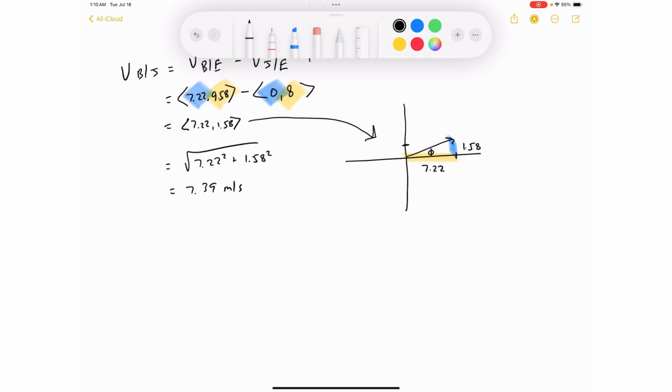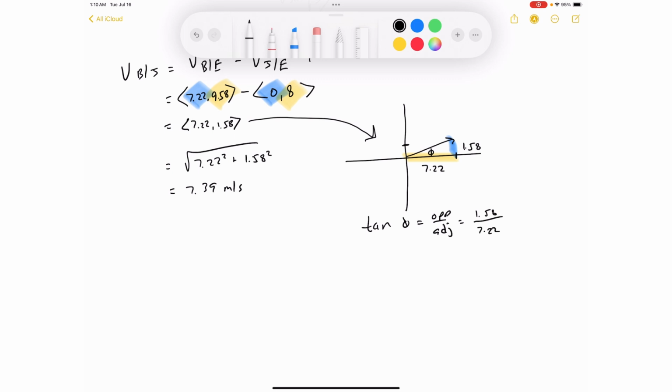Well, that's tangent, of course. So I could say the tangent of phi is equal to opposite over adjacent. The opposite of phi here is 1.58, and the adjacent is 7.22. Okay.